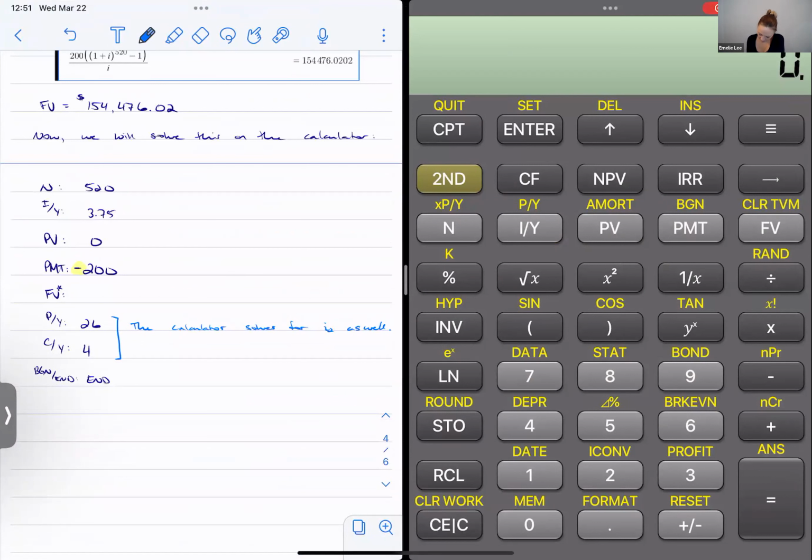So we've got 520 for N, 3.75 for the interest per year, 0 for the present value, negative 200 for the PMT. I'm gonna plug in 0 for the future value just so I enter things into all of the buttons.